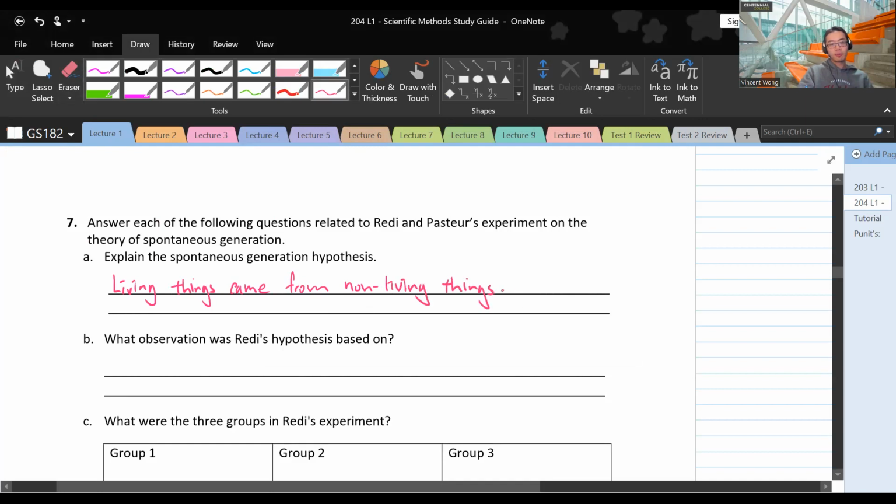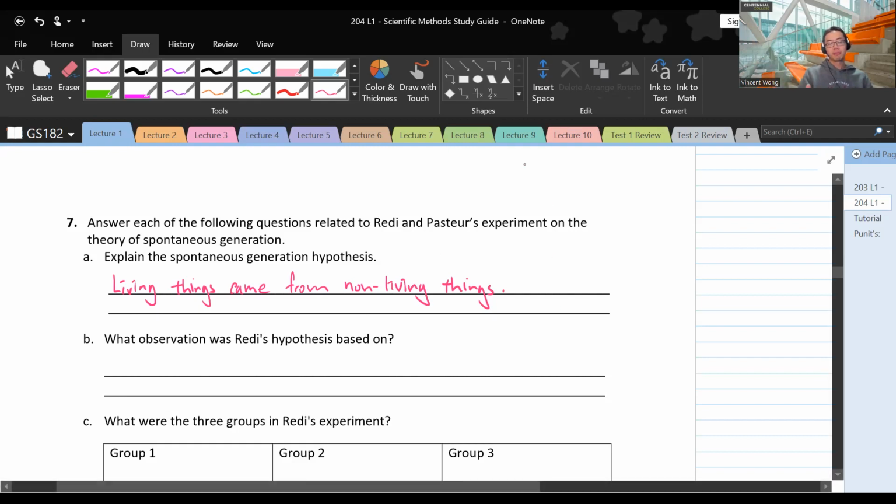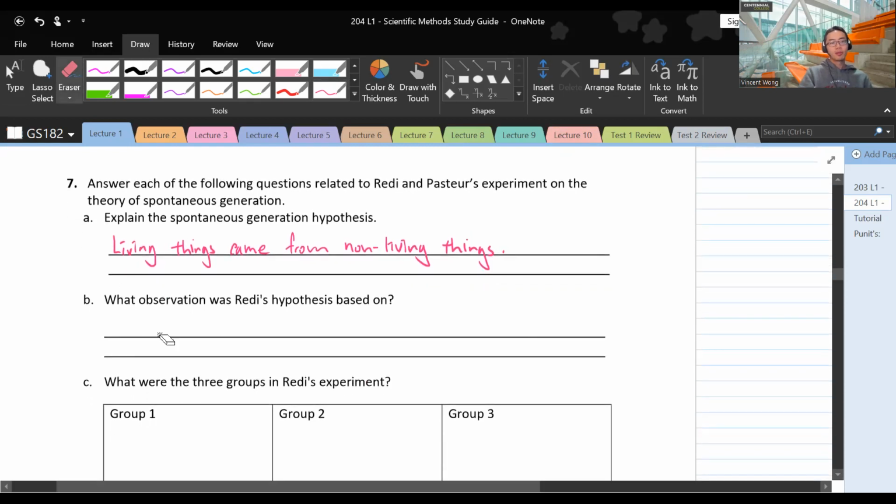Like, if you put a piece of meat outside, then after a few days, maggots start to form on the surface of the meat. That's the observation that people made in the past. And they thought, based on that observation, that living things, the maggots, must have come from non-living things, a piece of meat.